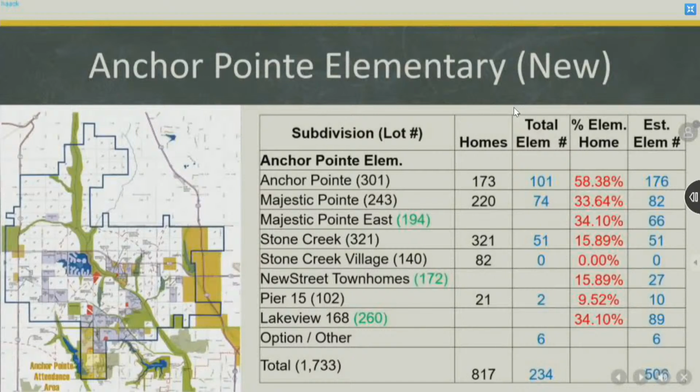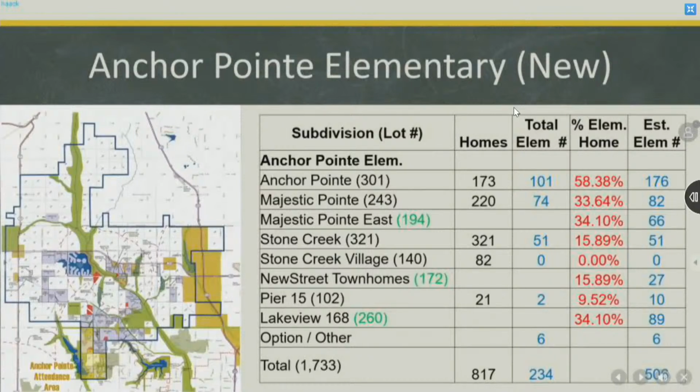Lakeview 168, they are starting to put homes in that location right now. Again, some educational assumptions in terms of percentage. What you have is 234 students right now, and the assumption is it'll go to 506 with everything built out.